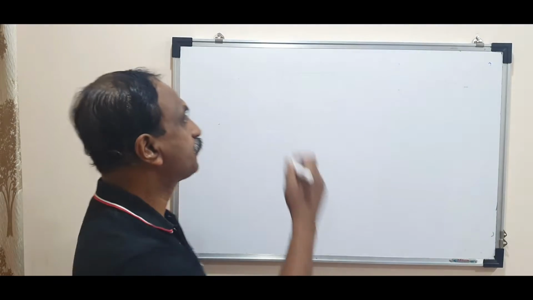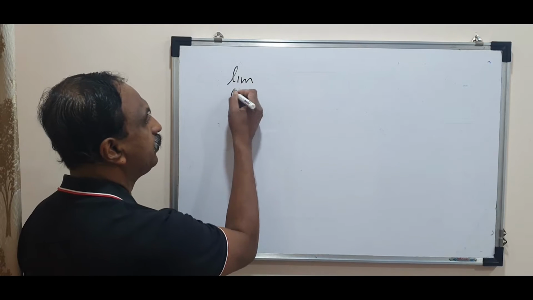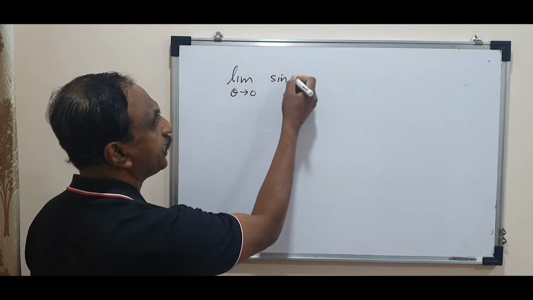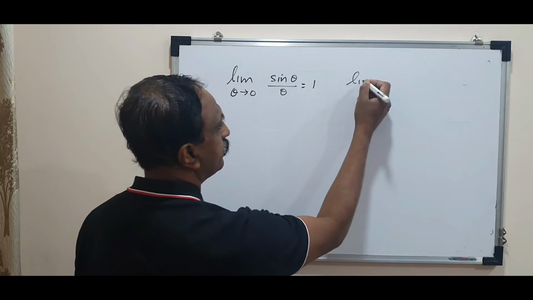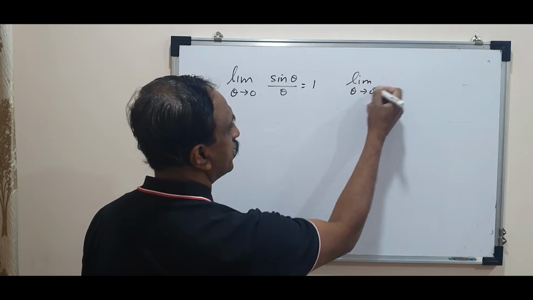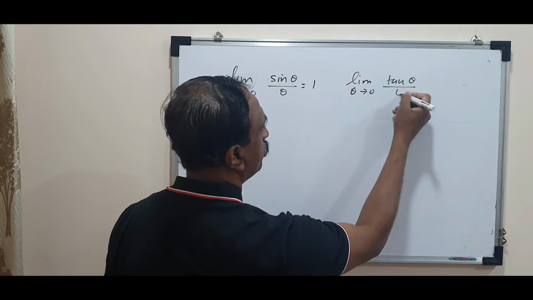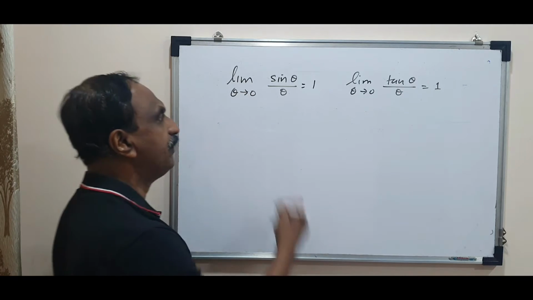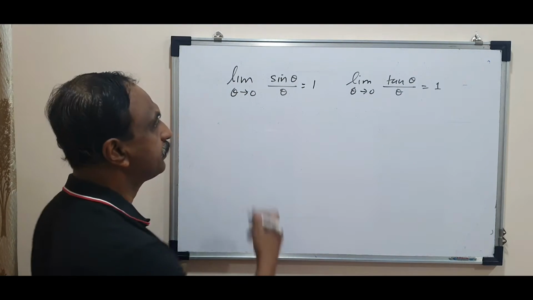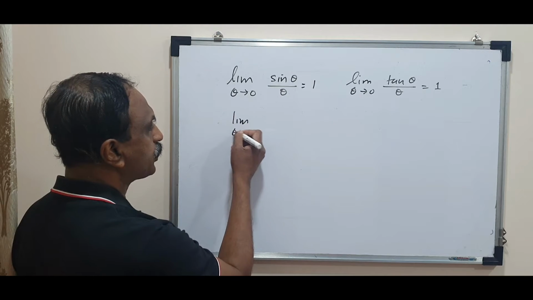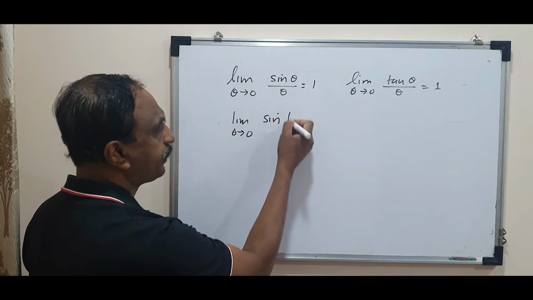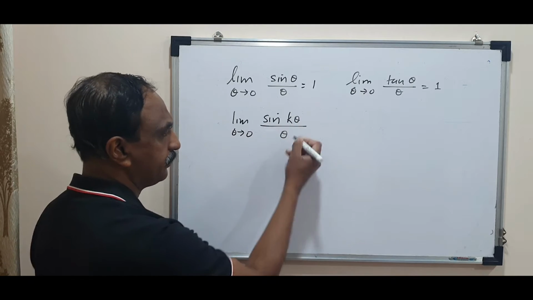We are very familiar with this formula. Limit theta tending to 0, sin theta upon theta is 1, and limit theta tending to 0, tan theta upon theta is 1. In the same way you can do the reciprocal also. And further we can say limit theta tending to 0, sine of k theta upon theta.